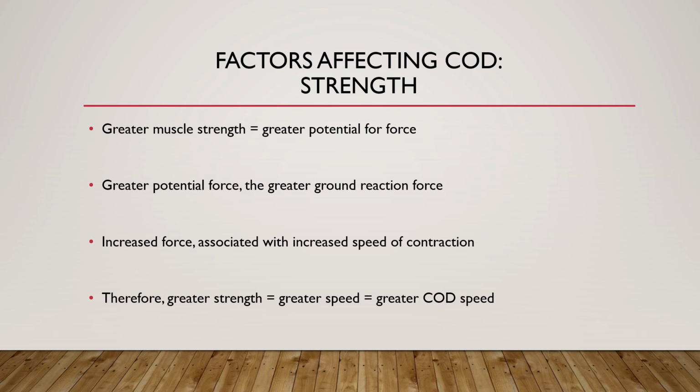So as we've mentioned, strength can play a key role in someone's ability to change direction, and some of these factors we've spoken about to some extent when we've spoken about acceleration and maximal speed, because we obviously need to factor in that if we have a greater muscle strength, then there is a greater potential for force development within that muscle, and a greater potential for both developing and absorbing force is going to lead to a greater ability for ground reaction forces.